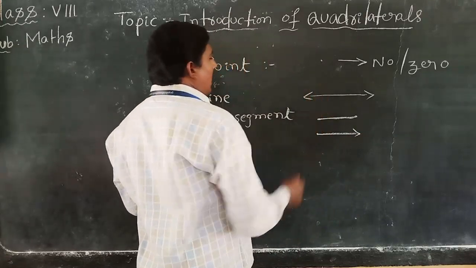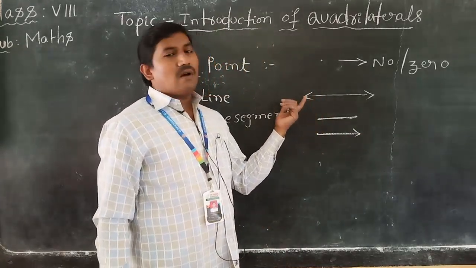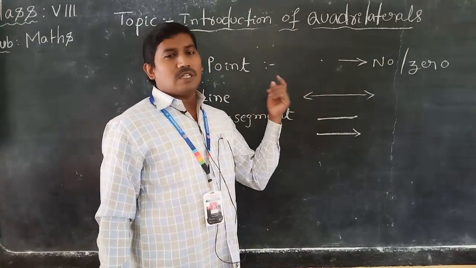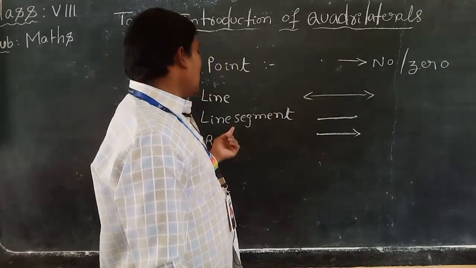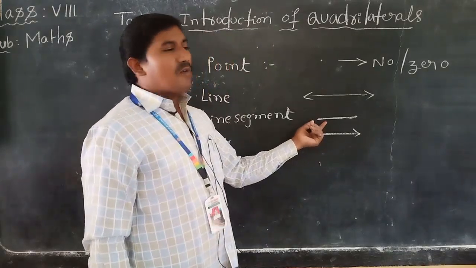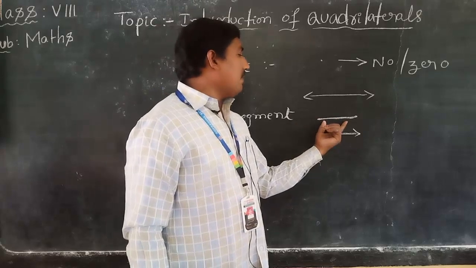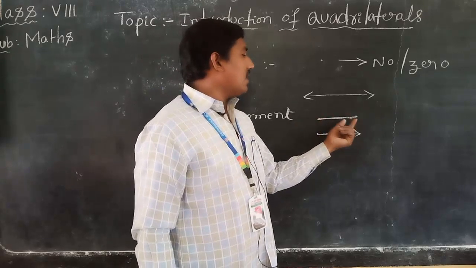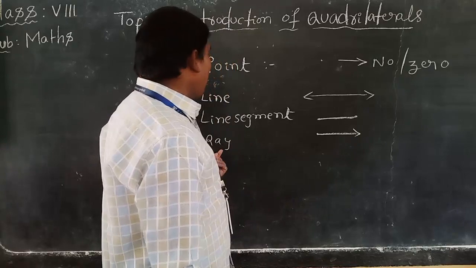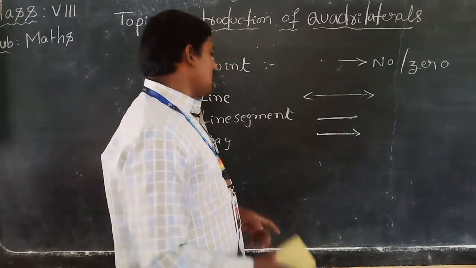A line or straight line has no starting point and no ending point. A line segment has a fixed length because it has two end points, a starting and an ending point. But a ray has only one end point.